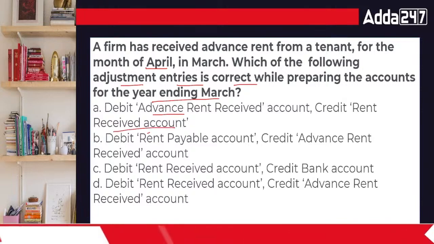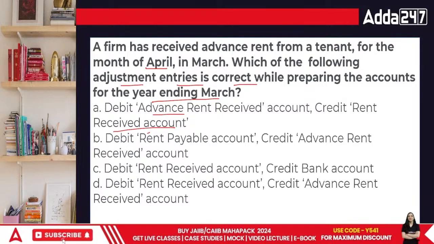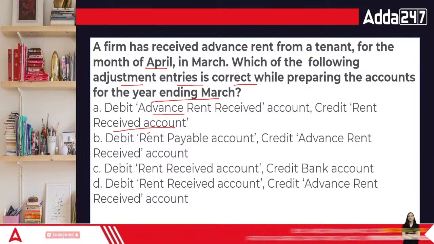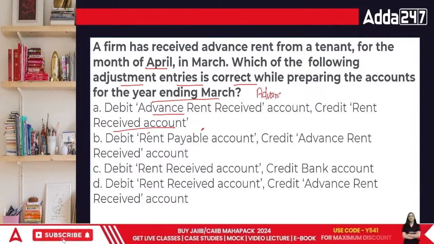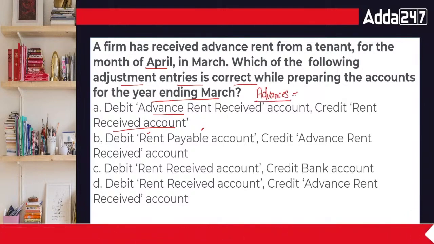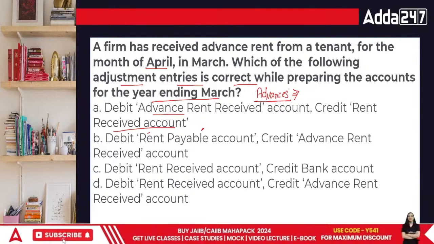One particular thing that everybody has to think about, not only me, is that I'm receiving money in the month of March which belongs to April. Technically these are advances. Number one, these are advances. Secondly, when we talk about advances, what happens in case of advances? If we received any sort of money in advance, what's happening?